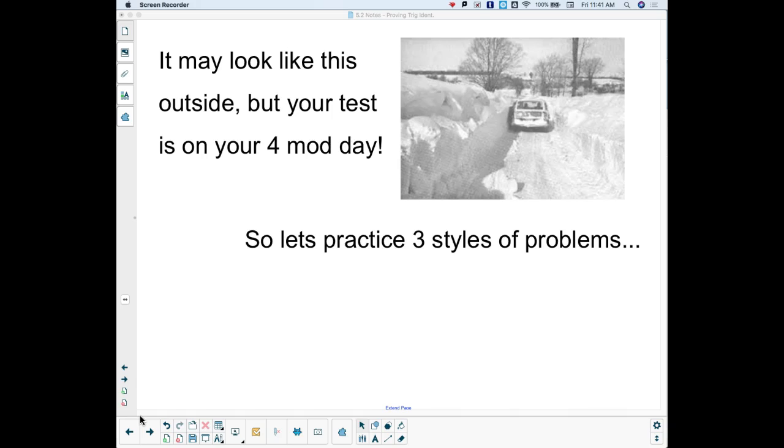All right. So, couple of reminders here first. Your 4-mod, or the next time that you have class after today, your 4-mod day is going to be the day of the test. And you're going to take your test on that 4-mod.